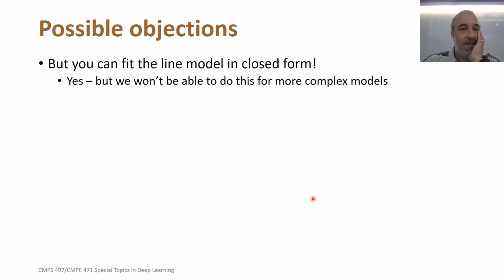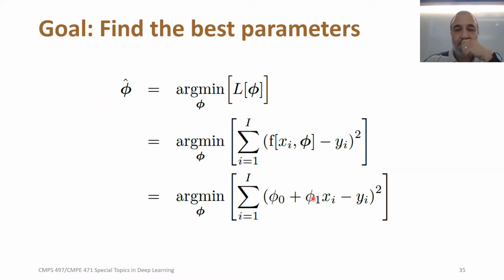Now, if you remember from linear algebra, we can find the minimum of a function, right? I think you learned how to find the minimum of a function. We just get the derivative and we set it equal to 0. We solve for the parameters, right? And for this specific example, yes, you can do that. You can get a closed formula.